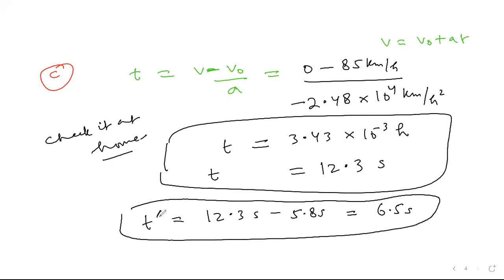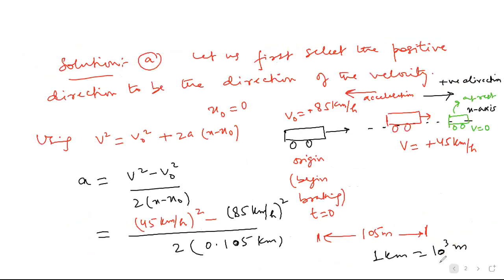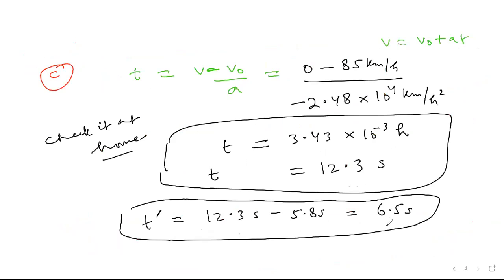Because 12.3 seconds is the total time from 85 kilometers per hour speed to 0 speed, and as we know, 5.8 seconds is the time required for the car to come from 85 kilometers per hour to 45 kilometers per hour, the additional time required for the car to come to rest from 45 kilometers per hour to 0 speed is just 6.5 seconds.